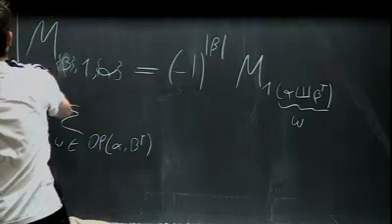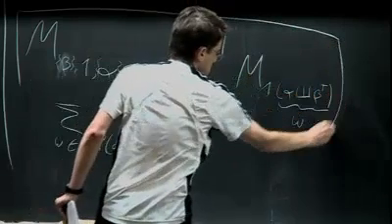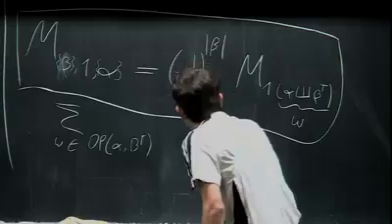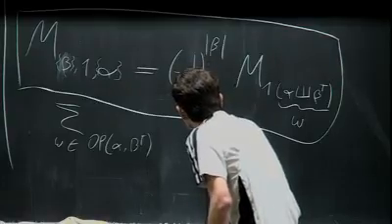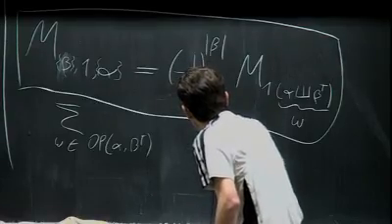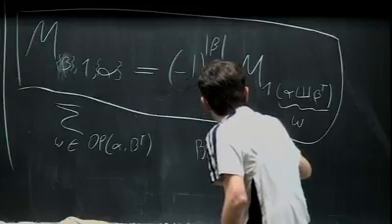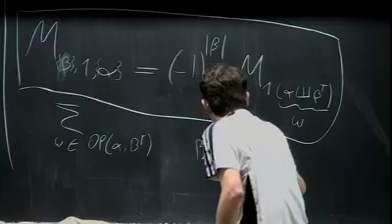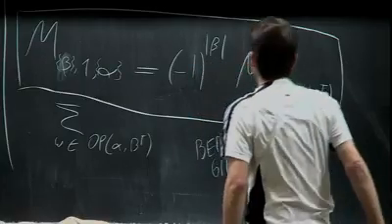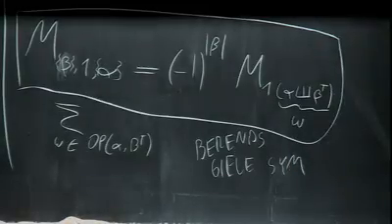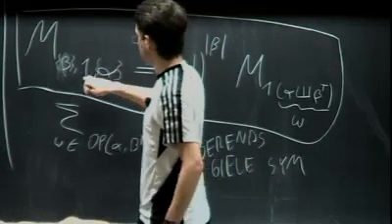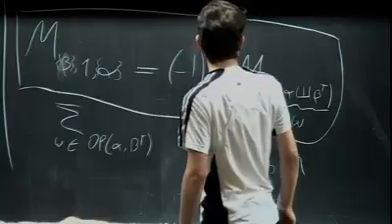So for reasons that could become clear if I have enough time, this is a Berends-Giele symmetry. For any alpha and beta, this happens.